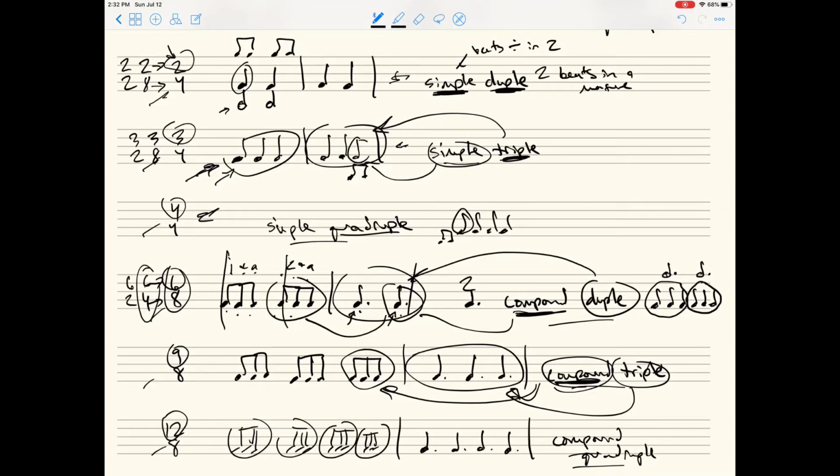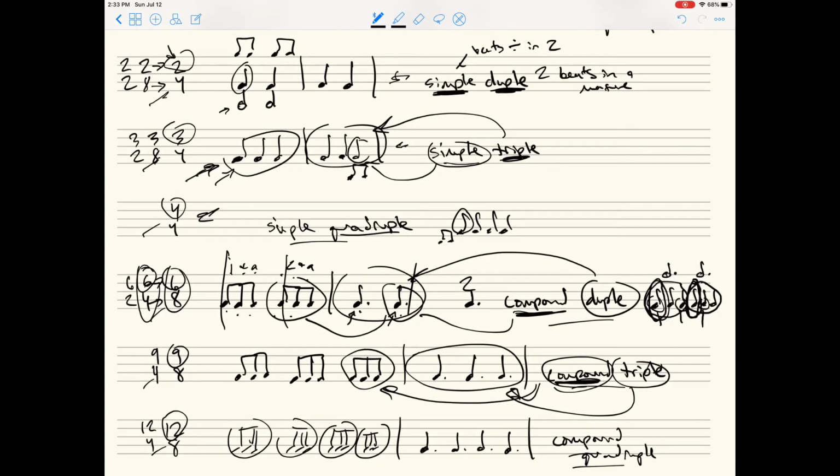So it's not going to be 1, 2, 3, 1 and 2 and 3, and we're like 1, 2, 3, 4, 5, 6. Your beat isn't there. Your beat is there. That's important to know. And the way we know that is because there's a 6 on top. 9/4, 12/4. Again, just pointing out that the bottom number can be anything. That's just changing the basic unit that you have. The top number tells you how you're dividing it.